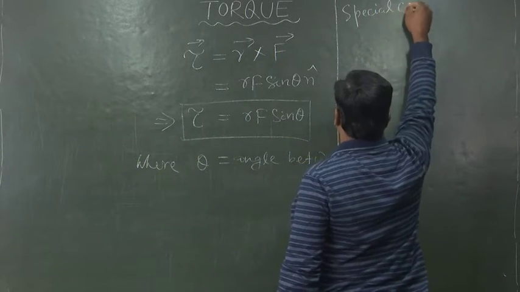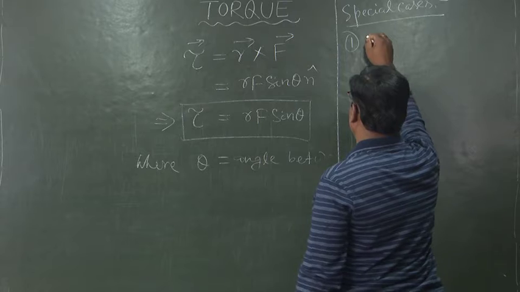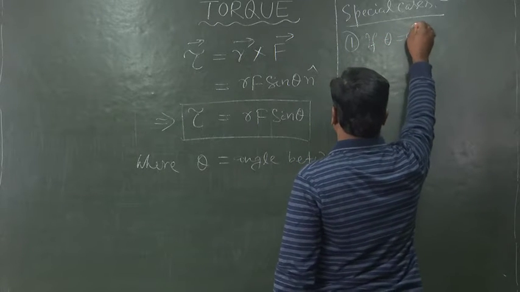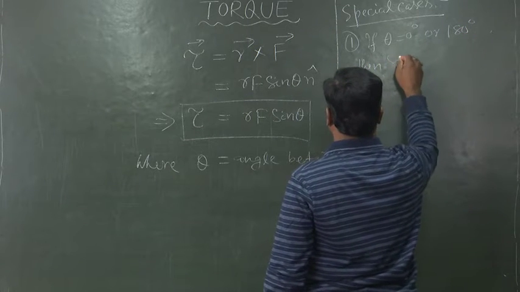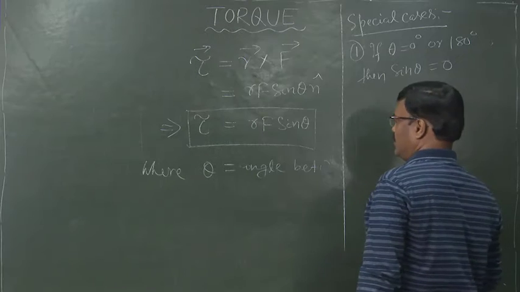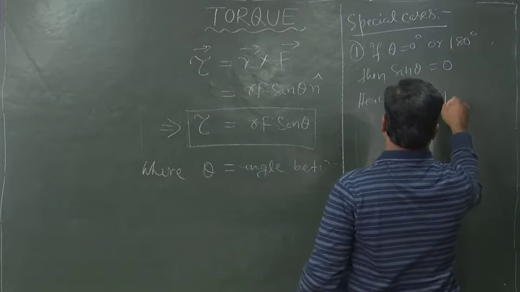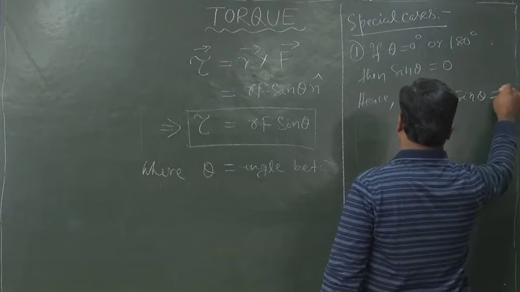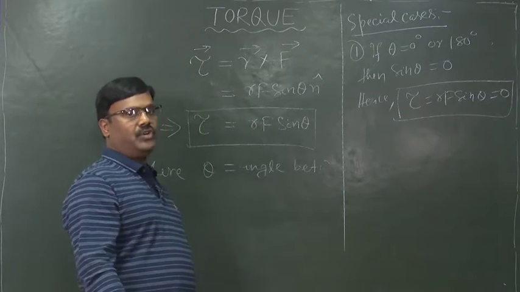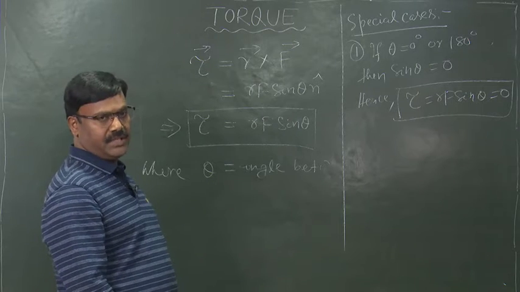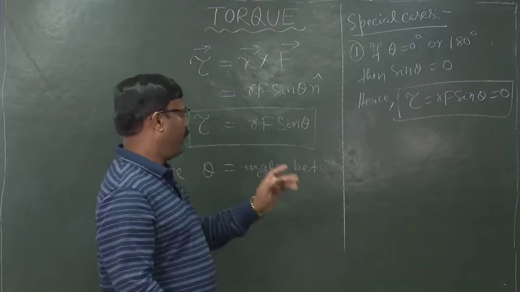Special cases: number 1, if theta is equal to 0 degree or 180 degree, then sin theta will be equal to 0, and hence tau is equal to r F sin theta will be equal to 0. That means, when the force acts parallel to the perpendicular distance, then no torque acts on the body.